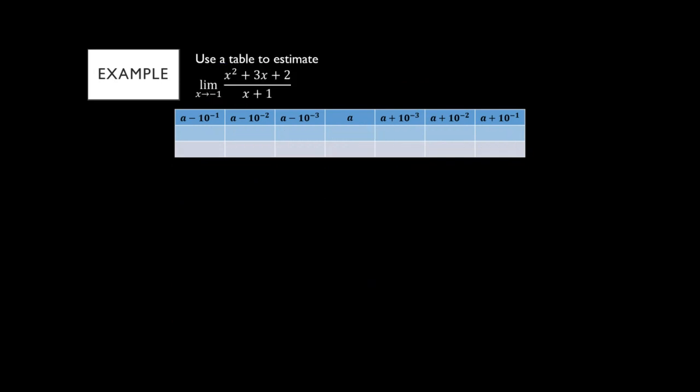Here's another one. We've got another rational expression that we're finding the limit of. We've got x squared plus 3x plus 2 over x plus 1. And this time, as x approaches -1, this number is our a that we're interested in.